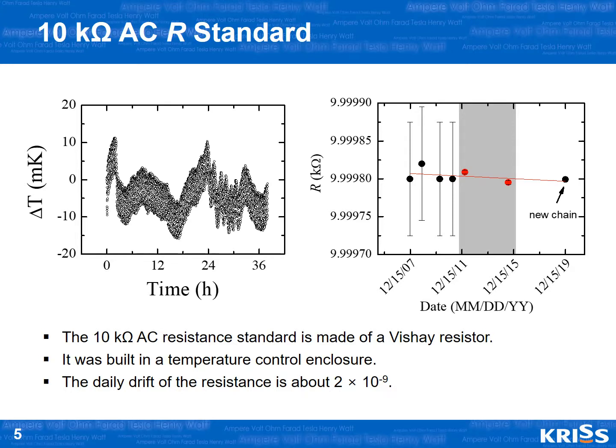In the right picture, the red circles in the gray shaded region are the calibration values obtained from NPL. The black circle, the last one, is the calibration value obtained from the new chain. The value is stable within a daily drift of about 2 times 10 to the minus 9 per day.